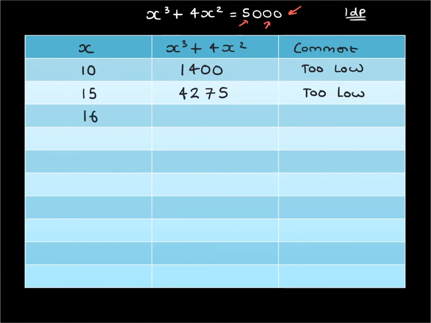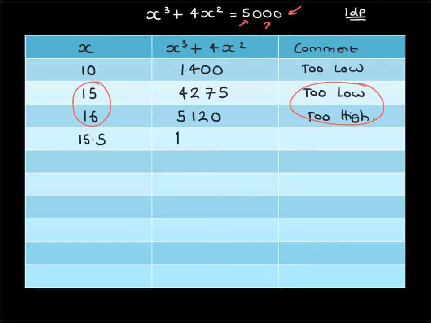Let's try 16 and see what we get for that. Well, 16 gives me 5,120, which is too high. So what do we know? Well, look at the changeover between too high and too low. The number must be somewhere between 15 and 16. So we need to try 15.5, see where that takes us.